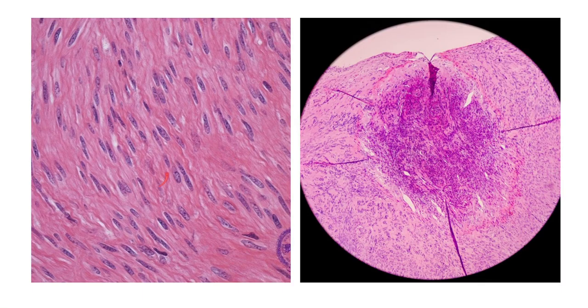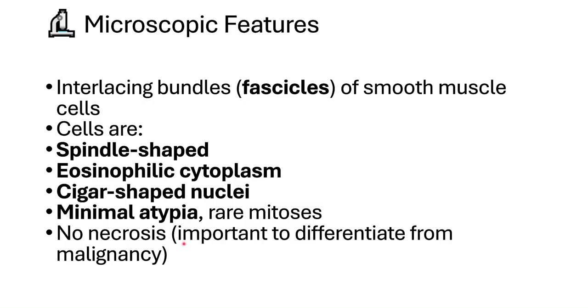The most important thing in the microscopic features is the nucleus. Look at these nuclei, they are cigar shaped. We call them cigar-shaped nuclei. Also, the cells are spindle in shape, and they have eosinophilic cytoplasm.